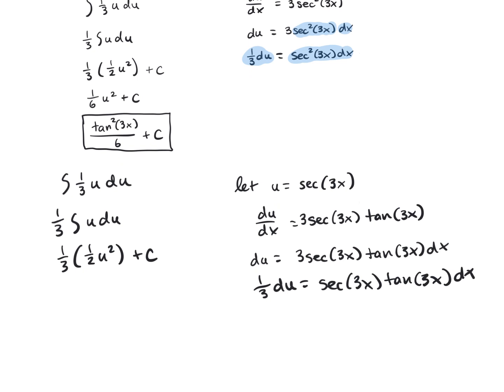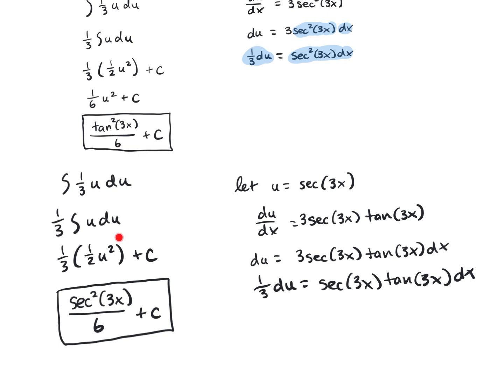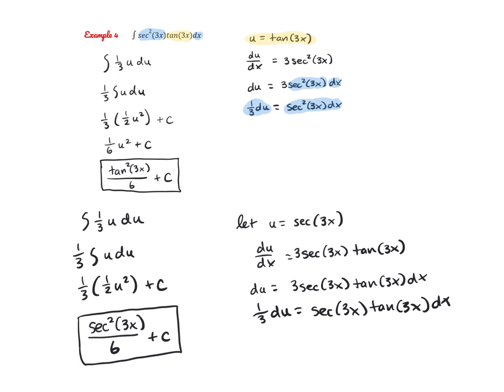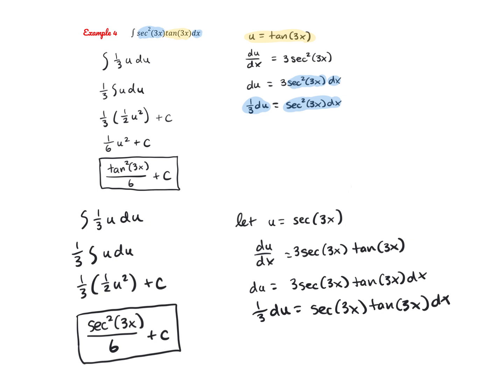And then when I go to substitute u, in this case, we get secant squared of 3x over 6 plus c. So our answers are actually different, but both answers are perfectly correct. So this is kind of a cool example where you could do different u subs and you will get different answers that are both correct.